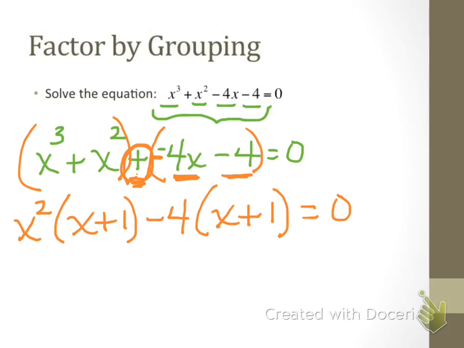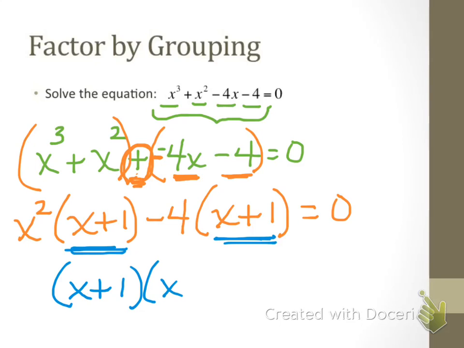And this is the key to doing factoring by grouping, is that you want to end up with binomials which are the same. And now because I do have these binomials in common, that is the common factor that's going to come out, and the x squared minus 4 becomes the other factor.